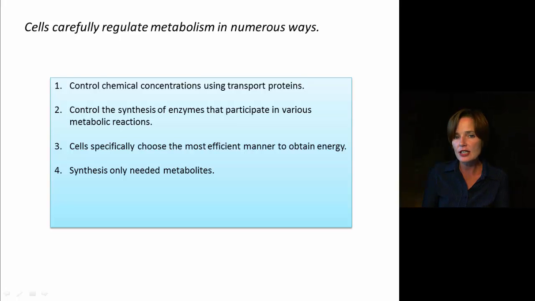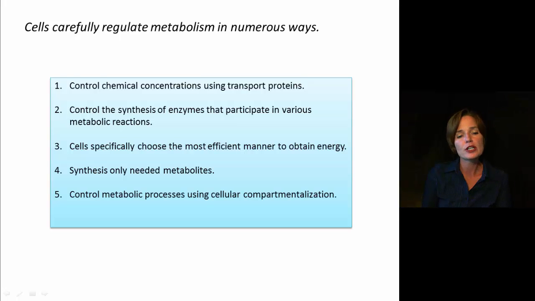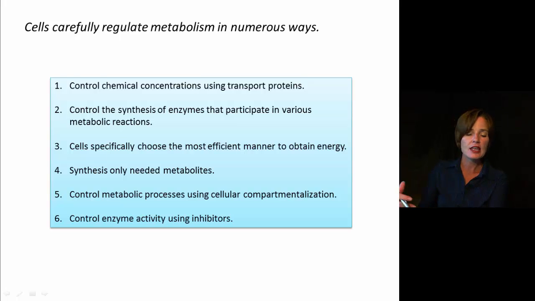So what they need is exactly what they would be producing. And then they are going to control metabolic processes, a lot of times using cellular compartmentalization. So if they want to store something for a while, they can store it away in a particular container away from the enzymes that would be performing the particular breakdown of that molecule. And then lastly, there are inhibitors that can be used to tweak the enzyme activity to match the overall needs of the cell.